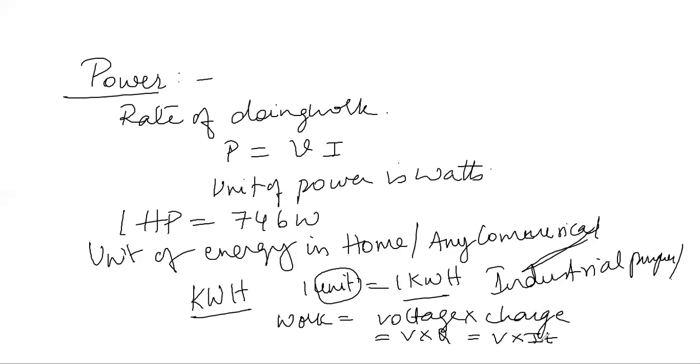It is I into T. So we get VIT. What is V into I? It is nothing but P. So power into time gives us the energy. When we consider 1 kilocalorie, it is nothing but 4.2 kilojoules.